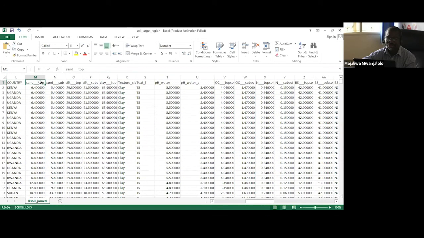Then you realize that this Excel has sand, silt, and clay. Those three elements give you the soil texture.